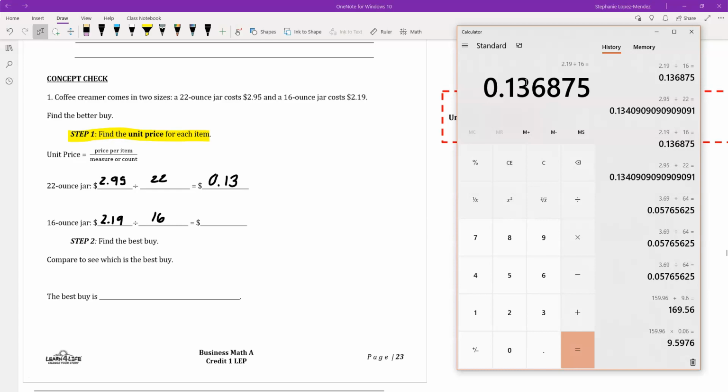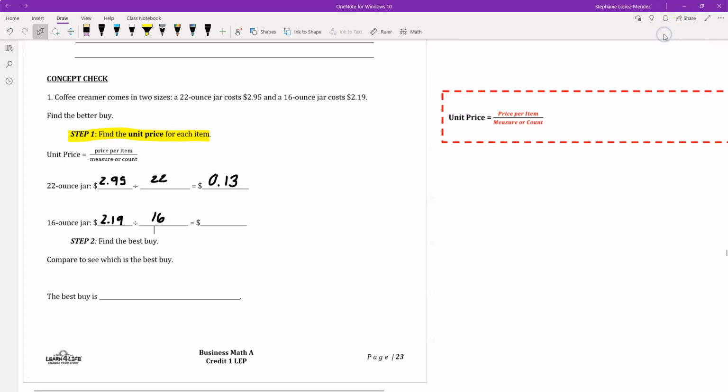Why am I doing this? Because the results are very similar and I need to find a difference. So it is easier for me to just round to the nearest hundredth this time. So I go ahead and write 0.14.